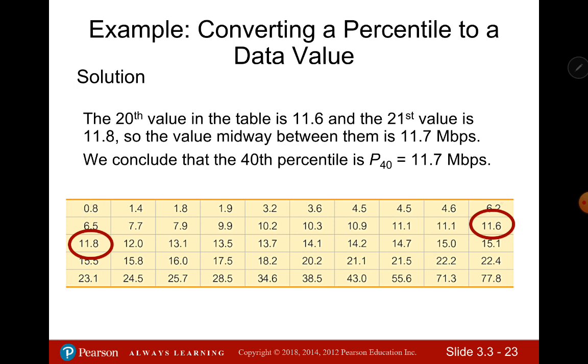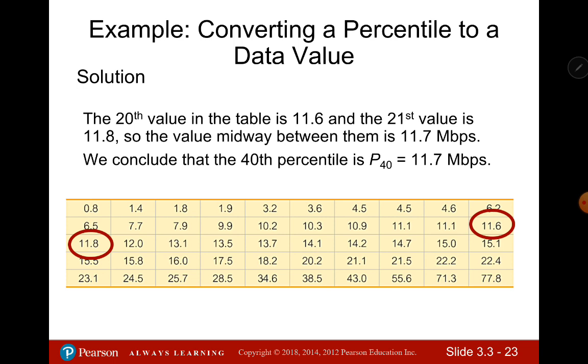So 10, 20. So this 11.6 is the 20th value, right? And we also need to check another value, the next value. That's the 21st value, which is 11.8. So if L is a whole number, we need to check two values, then get the mean value.